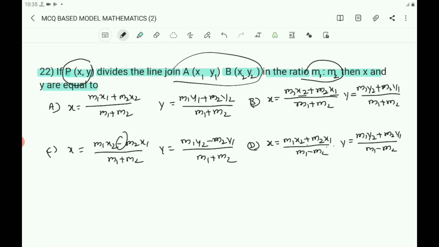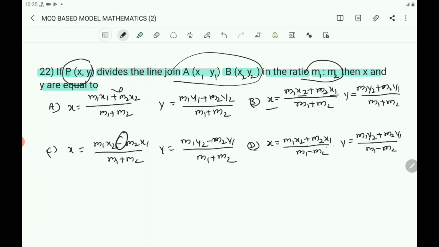You know that it must be (m1 x2 plus m2 x1) by (m1 plus m2). Similarly, (m1 y2 plus m2 y1) by (m1 plus m2). Here m1 x1 is there, so this is not the answer. Here a negative is there, so this is not the answer.